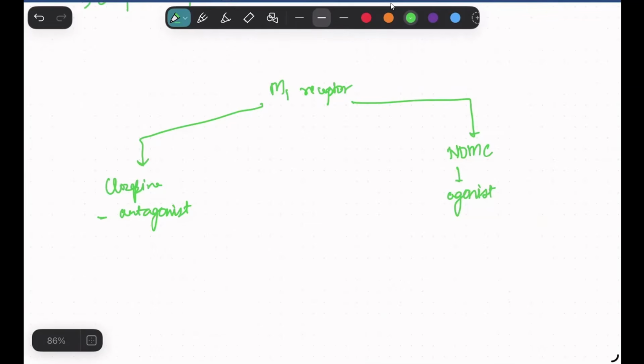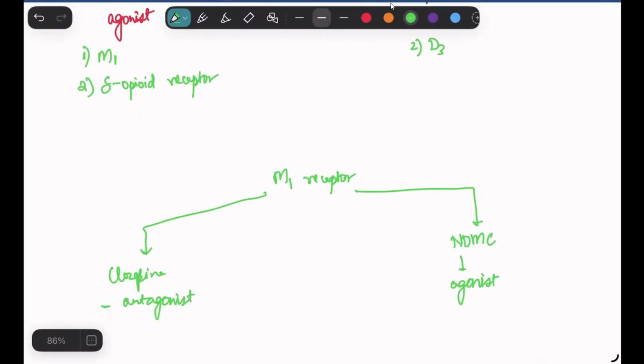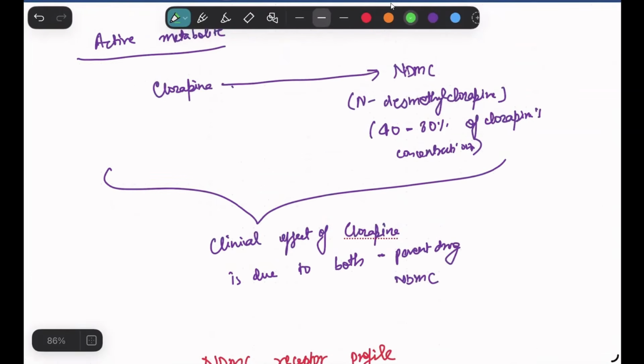Now you will be asking me, sir, suppose clozapine is an M1 receptor antagonist and NDMC is an agonist, so which effect will actually dominate? As we studied earlier, clozapine gets metabolized to NDMC, and NDMC forms around 40 to 80% of the clozapine concentration.